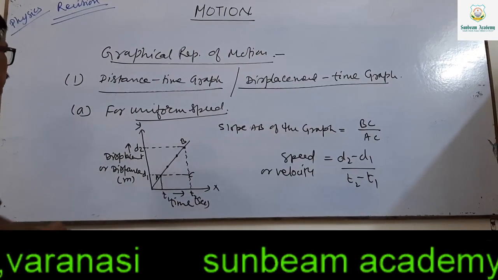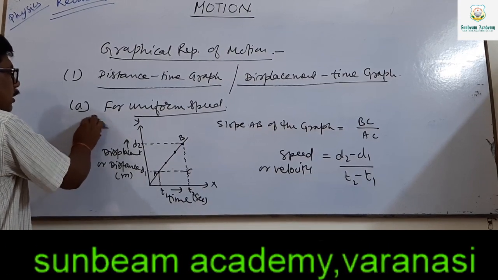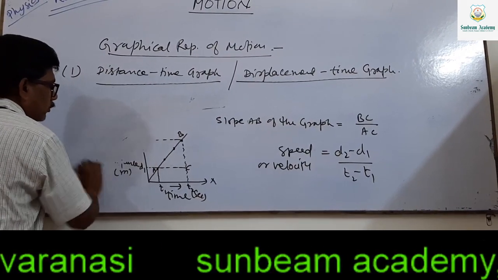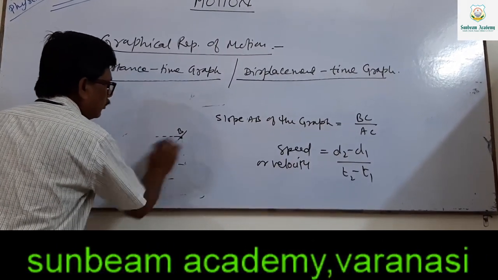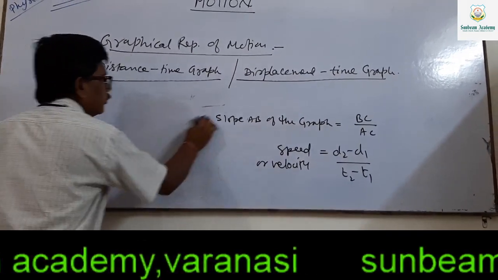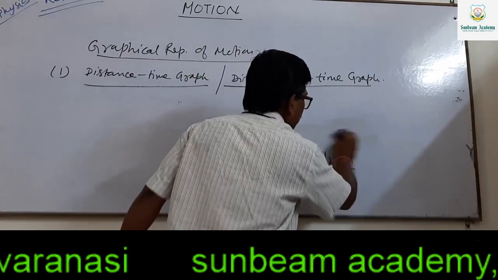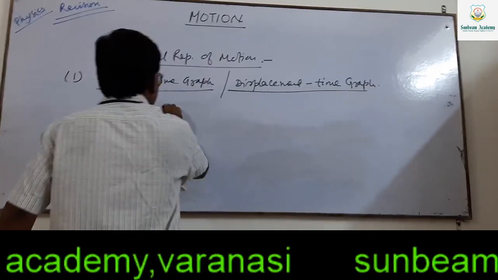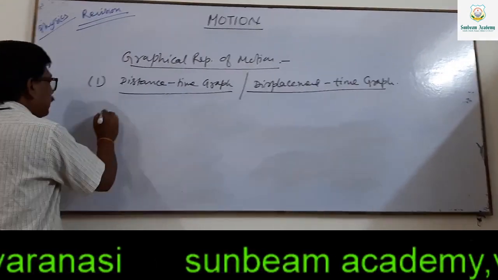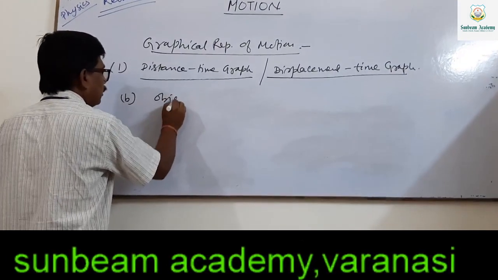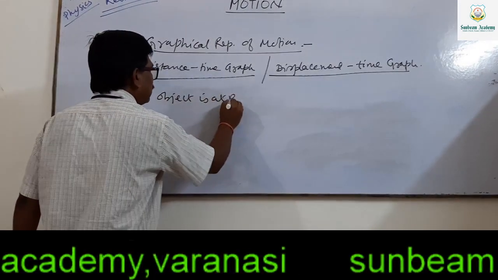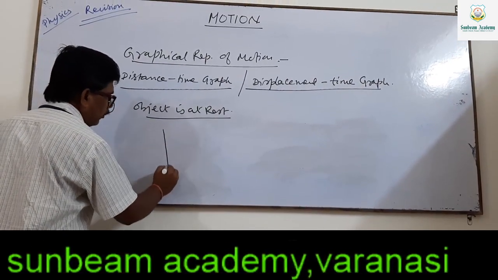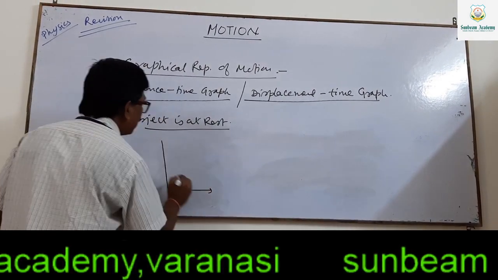Now for the next case, B, when the object is at rest. What type of graph will you get for the distance time graph or displacement time graph?